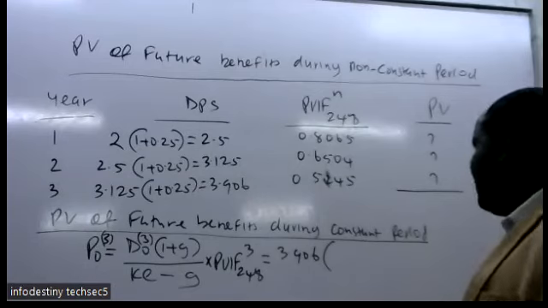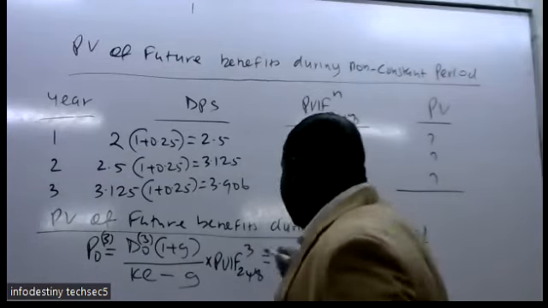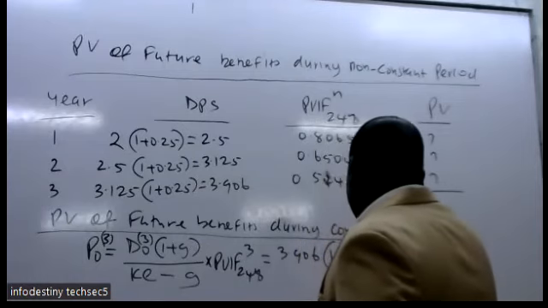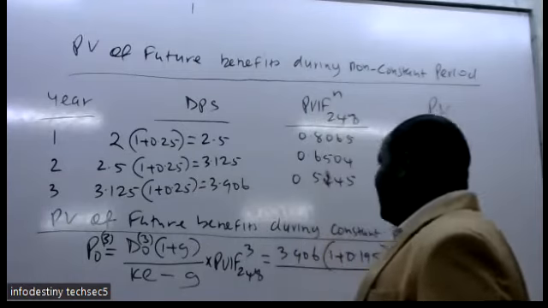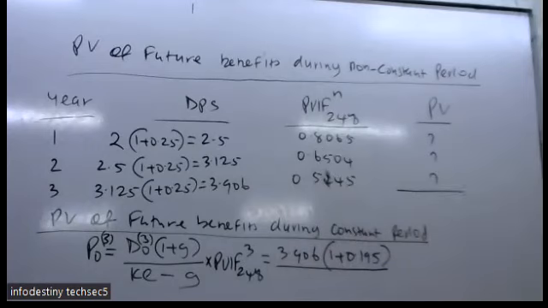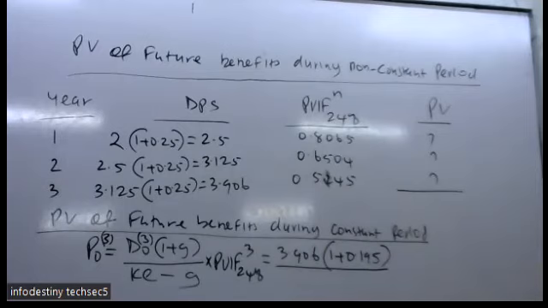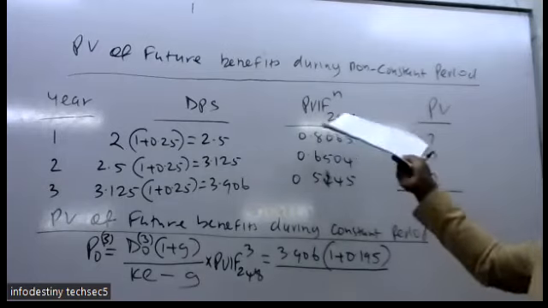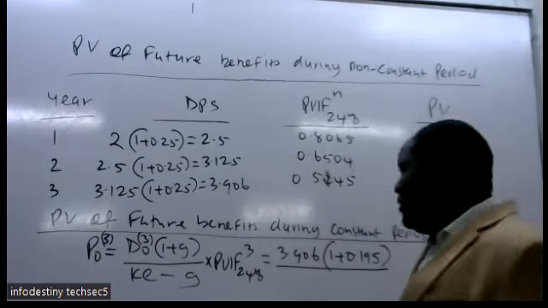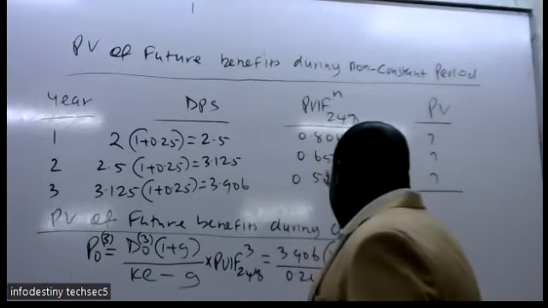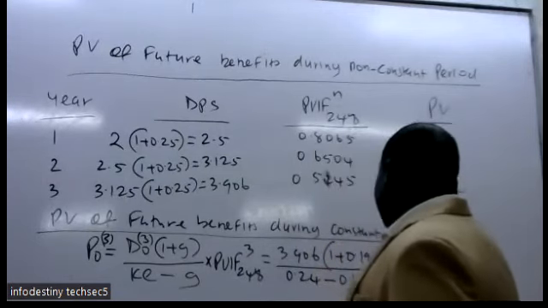Yeah, so 19.5 is the same as 1 plus 0.195. Then we divide by Ke. Ke is the 24% cost of capital. Remember our Ke was 24%, which is the same as 0.24, subtract 0.195.